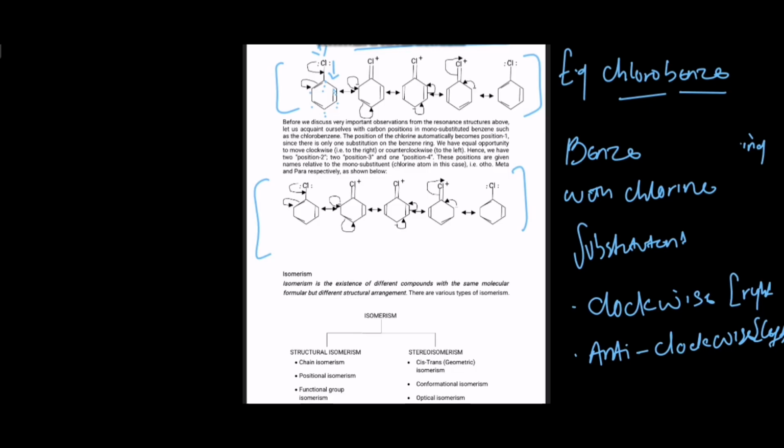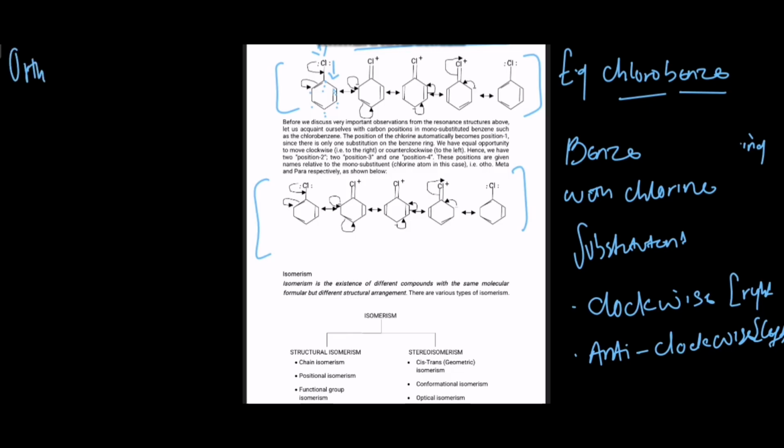Now the main thing that I want to bring out from this in relation to the position is how to use the right name altogether. The carbon that is next to the chlorine at position 1, if you want to name it, you use the word ortho.